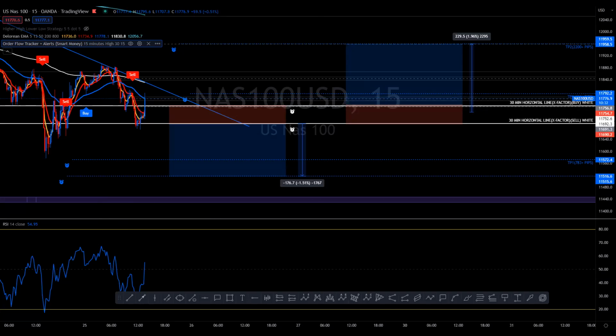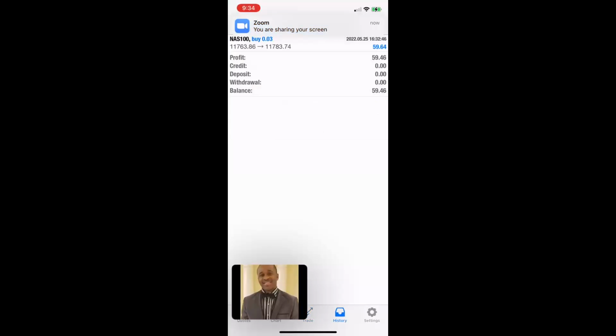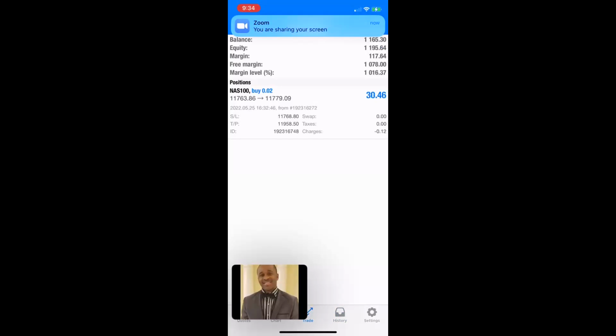All right, so I trailed my stop loss. Let me stop sharing my screen and share my phone screen because I got my profit. All right, so made $59 on my first partial trade. Second one still running. See how far I go.